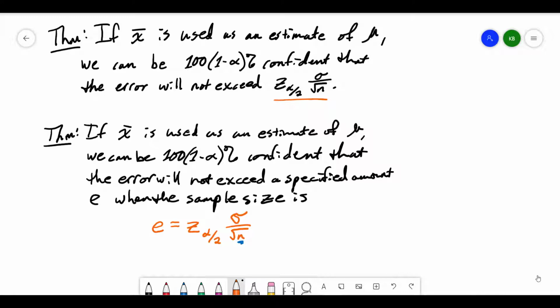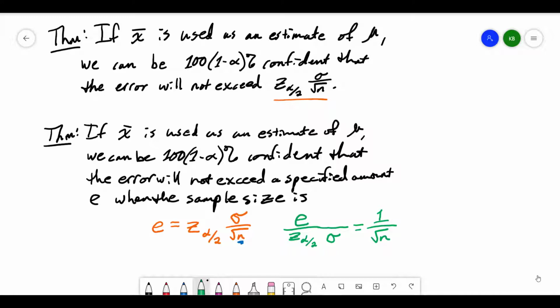So doing that, I'll have E divided by z sub alpha divided by 2 divided by the standard deviation is going to equal 1 over the square root of n.